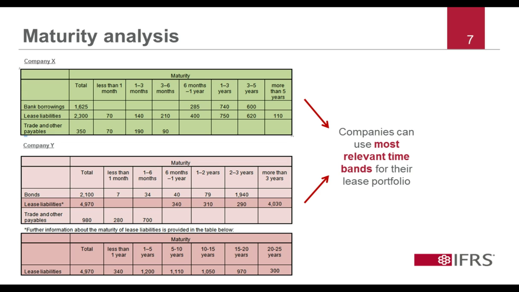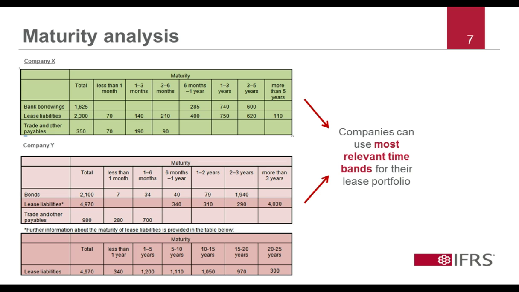For example, looking at the two examples on the slide, the example at the top of the slide in green looks like a company with a lot of leases with a relatively short life. In this case, a breakdown of commitments within the first few years is the most useful information. That's because the committed cash flows beyond, say, year 5 are very small.